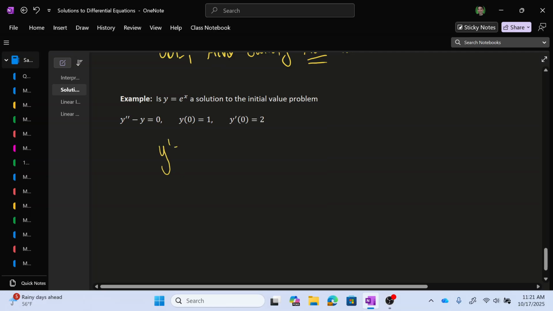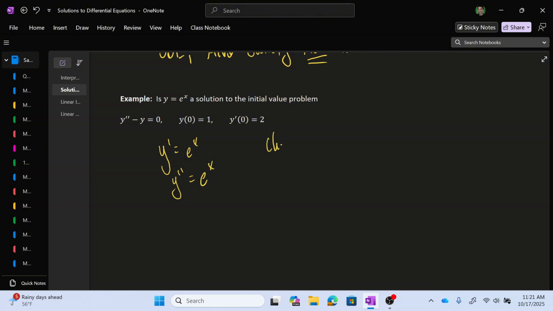I'll start by finding y prime and subsequently y double prime so that I can check whether this function is a solution to the differential equation I was given. So y double prime gets replaced with e to the x, then minus y, which is also e to the x. Is that equal to 0? It sure is.